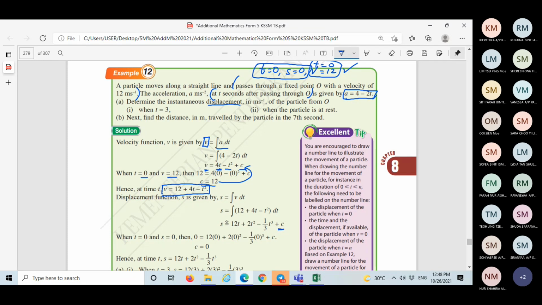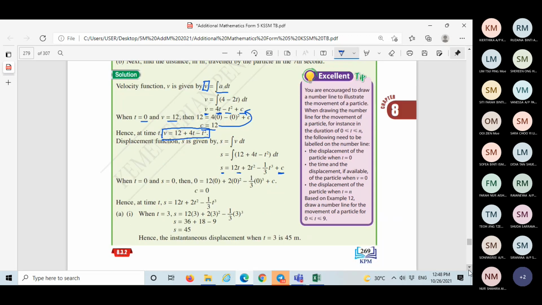Another condition, because you need the T and the S. So here it is T equals 0, S equals 0. Substitute here, you get C is 0. So replace the C with 0, or actually C is nothing. So this is the function of the S. Highlight it.